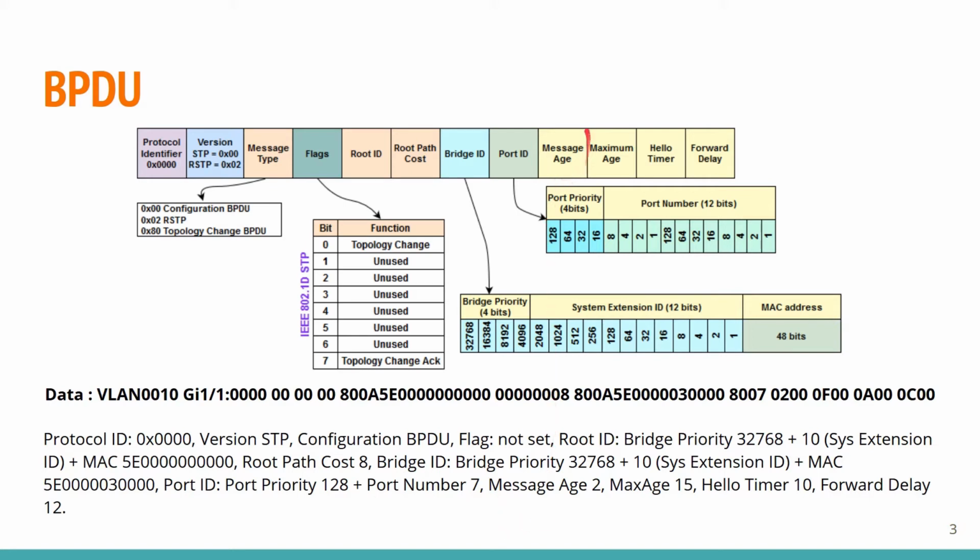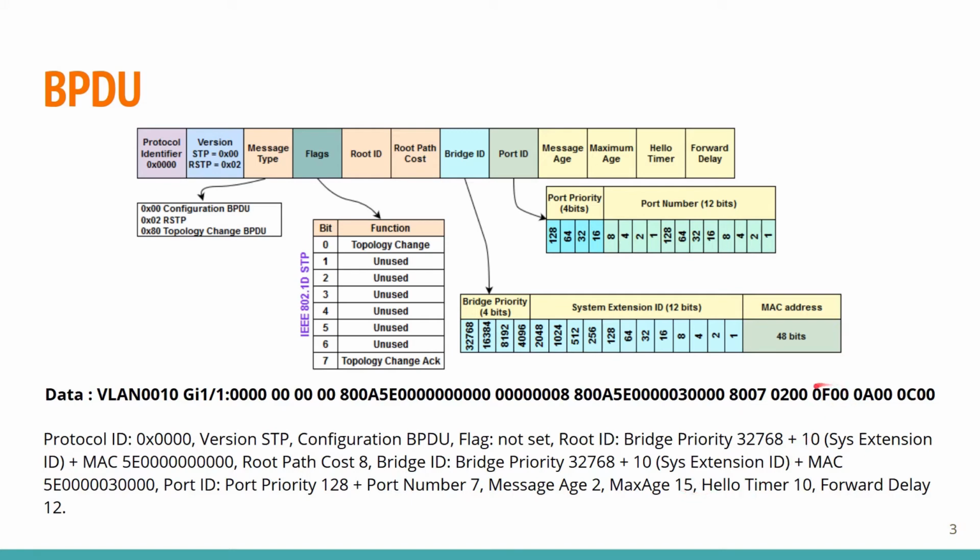Next one is message age. The message age is 02, and 02 shows that this BPDU was forwarded by 2 switches. Whenever a switch forwards a BPDU, it adds 1 to message age. Next one is maximum age or max age timer. This is F, and if you remember, we changed it to max age 15 seconds.